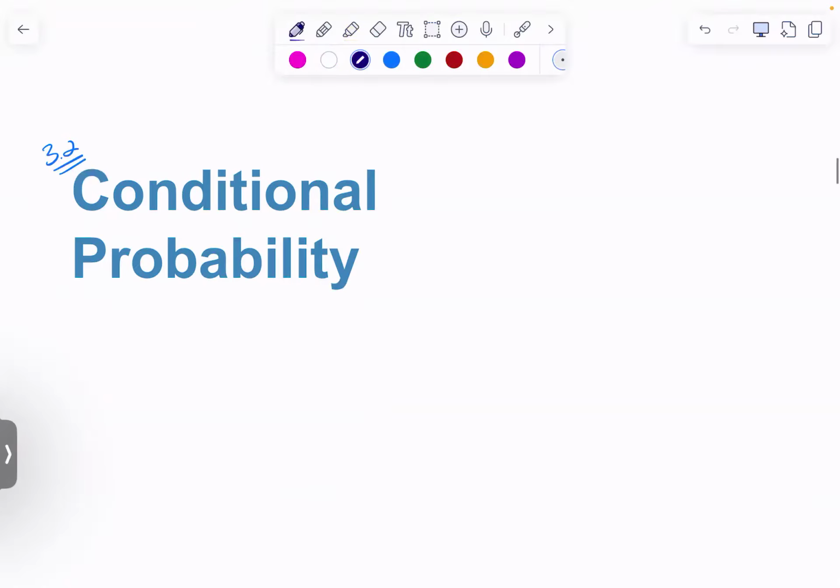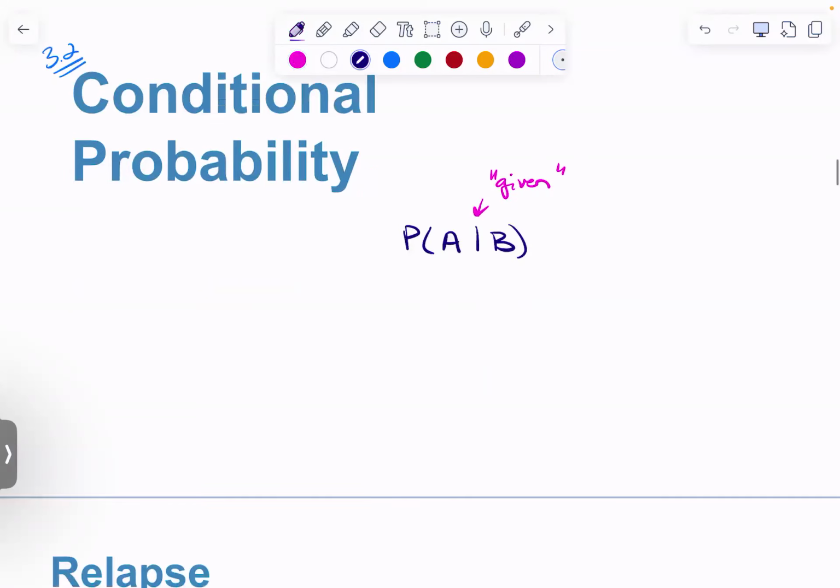And so we've already seen conditional probabilities in the probability of A given B, right? We could read this as given, that vertical line. And what does this say? It's basically saying, knowing that B has happened, what's the probability of A?